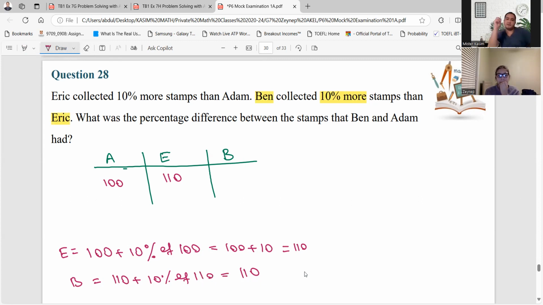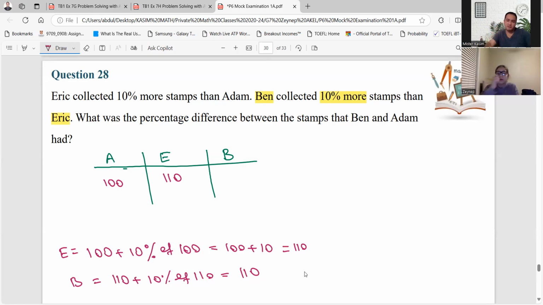Okay. Now, Zeynep, what is 10% of 110? Come on, just divide by 10. What is 110 divided by 10? It's 11, right?